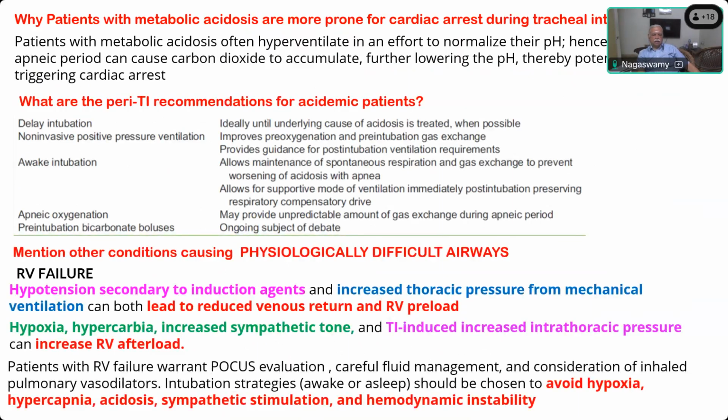The intubation strategy, whether to go for awake intubation, should be chosen to avoid hypoxemia, hypercapnia, acidosis, sympathetic stimulation, and hemodynamic instability. So RV failure, as Vidya said, is one of the causes of a physiologically difficult airway.